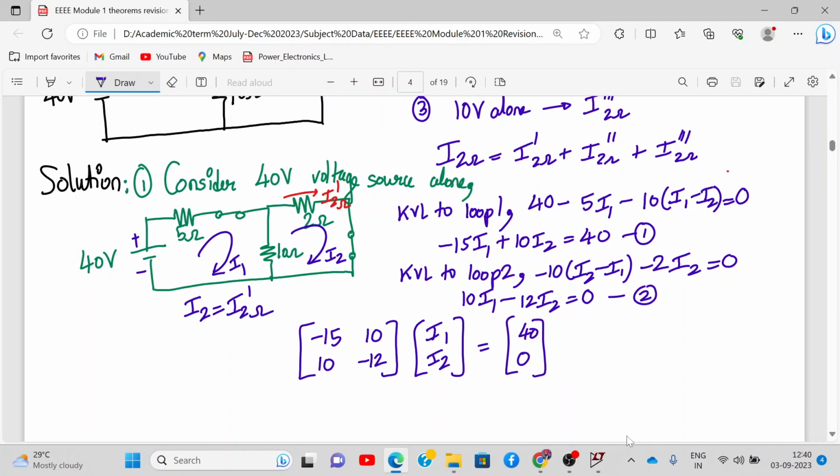Are you following? Yes. So quickly tell me what is I1 and I2.